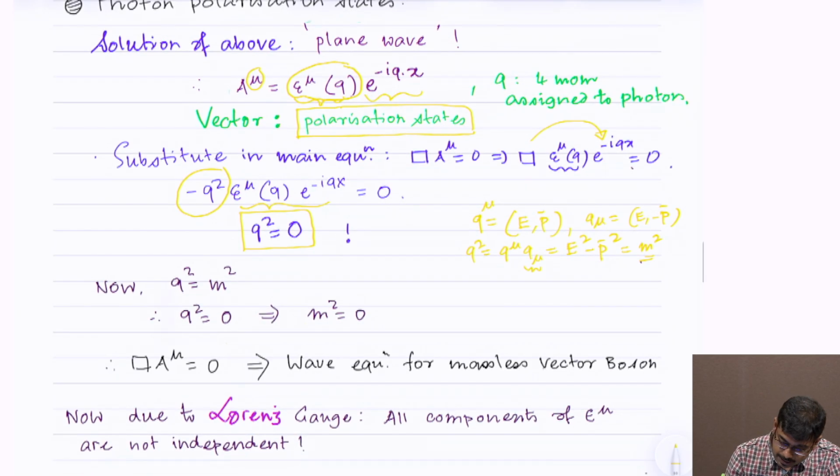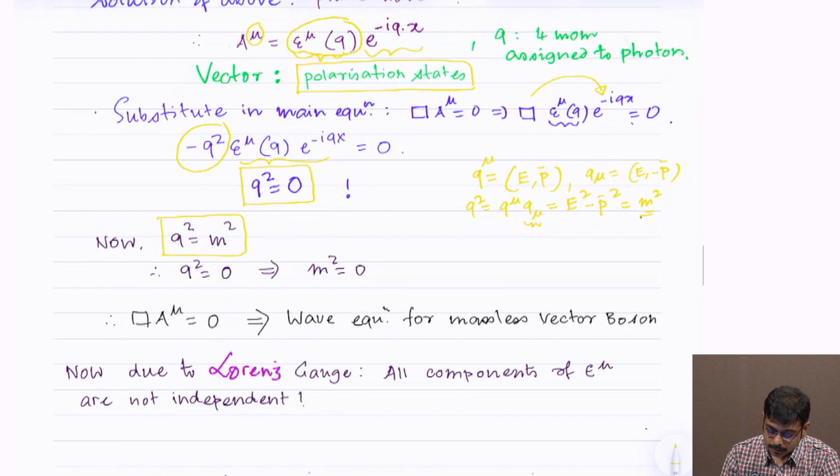So this is what we say: q square equal to m square is always the case for any particle. Now, here if you say that q square equals 0, that basically tells you that the particle you are describing must have mass equal to 0.